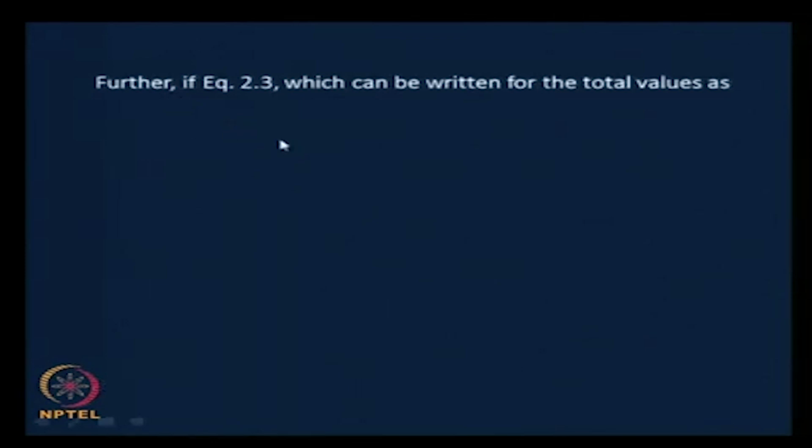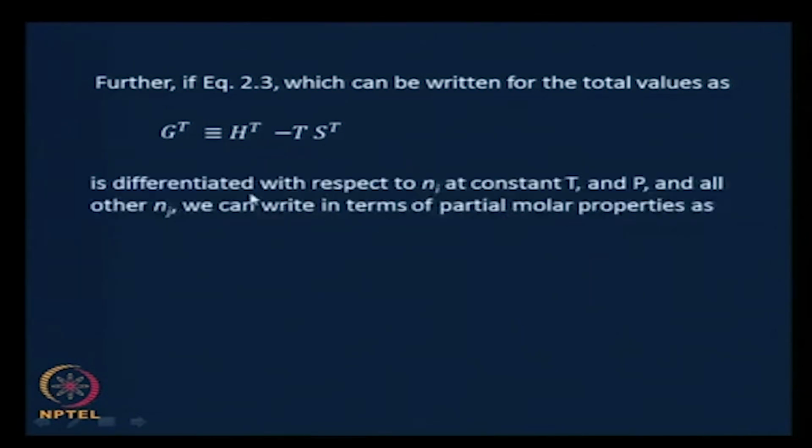Further, equation 2.3 can be written for the total values as Gt equals Ht minus T St. This is the definition of Gibbs free energy, and we are writing this for the total values, not for a single mole. If this is differentiated with respect to Ni at constant T, P and all other Nj's, we can write in terms of partial molar properties as Gi-t-hash equals Hi-t-hash minus T Si-t-hash.